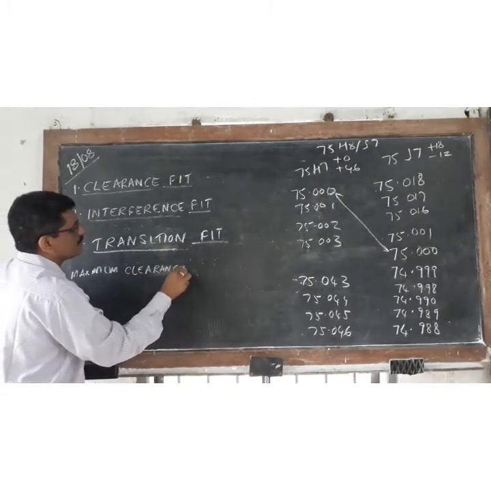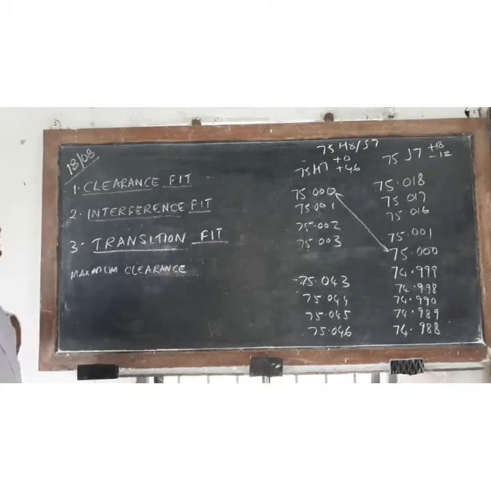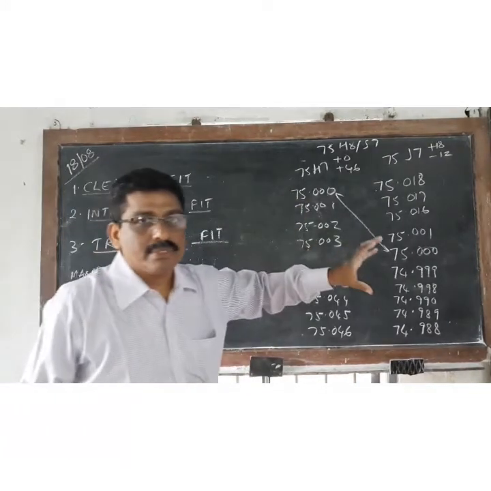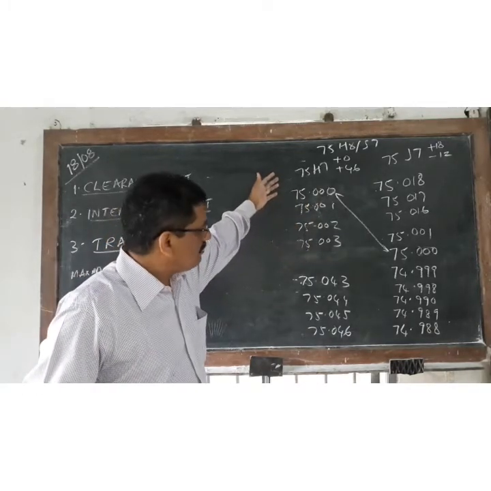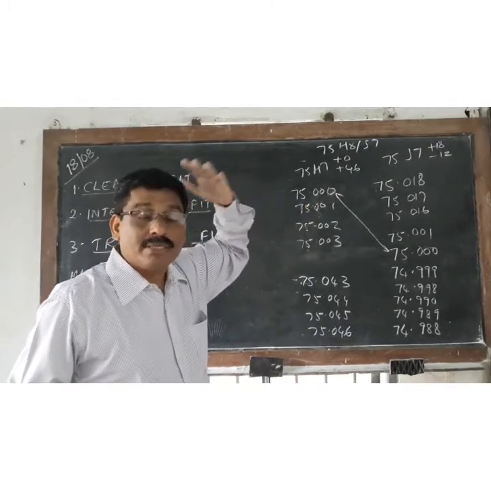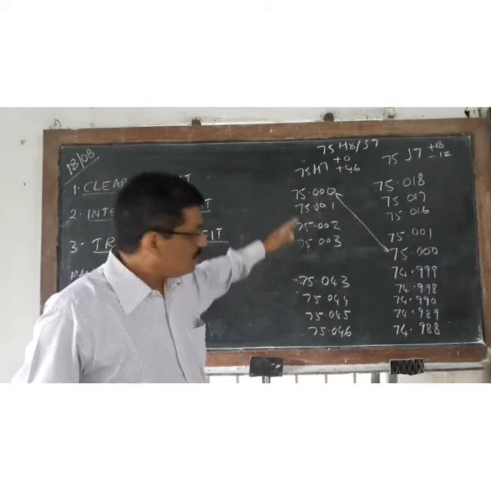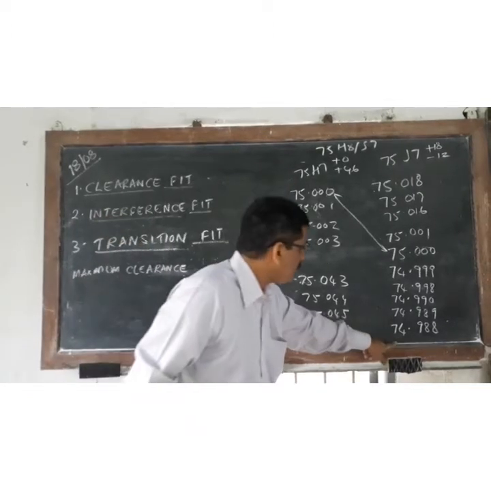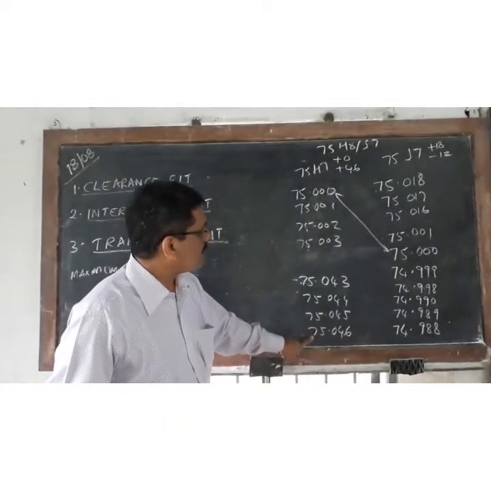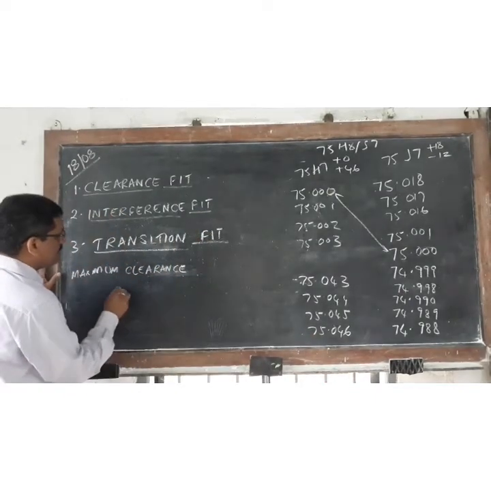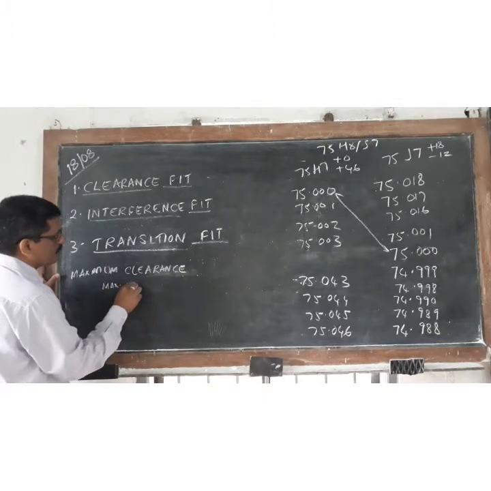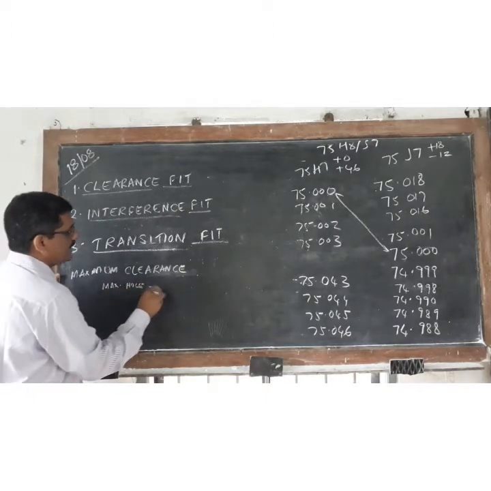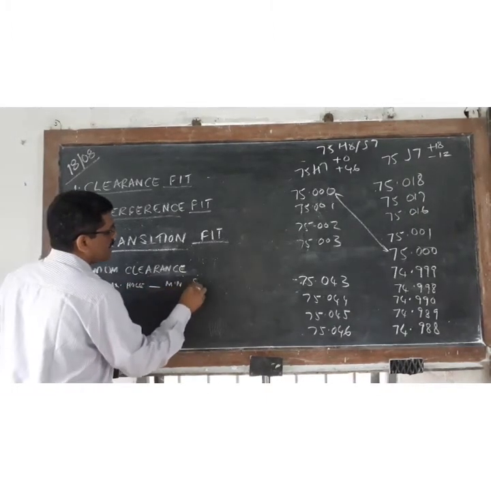Maximum clearance: minimum of shaft and maximum of hole. Sorry, yeah, correct, maximum of hole and minimum of shaft. The maximum of hole you can maintain is 0.046. Maximum of hole minus minimum of shaft.